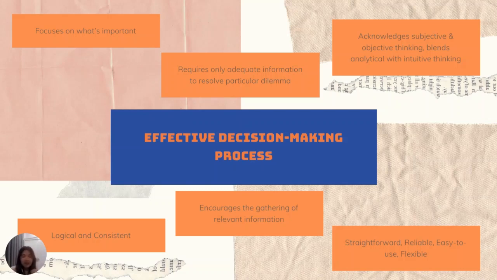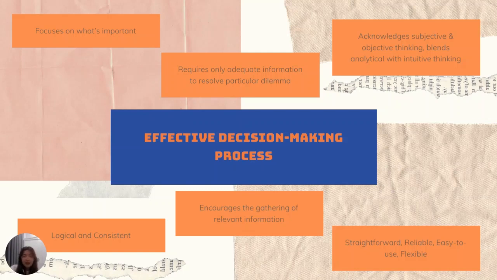An effective decision-making process also acknowledges subjective and objective thinking, and blends analytical with intuitive thinking. Lastly, it must be straightforward, reliable, easy to use, and, the most important thing, flexible.